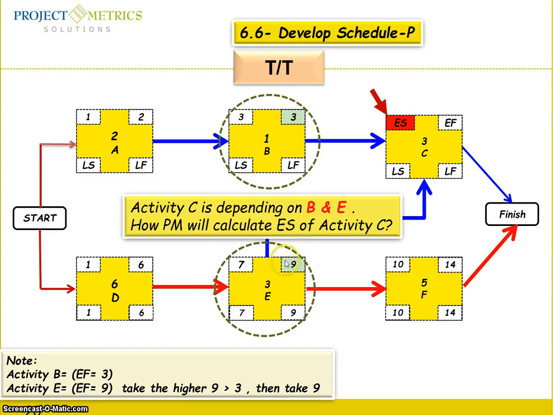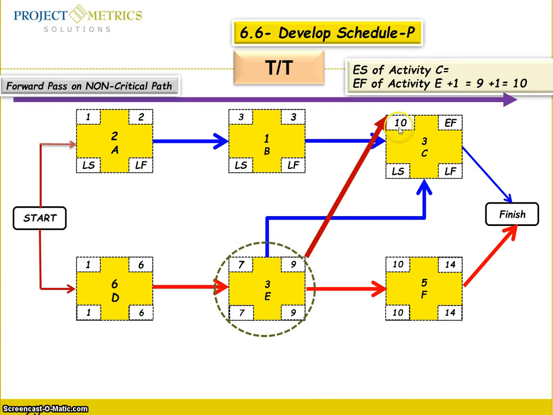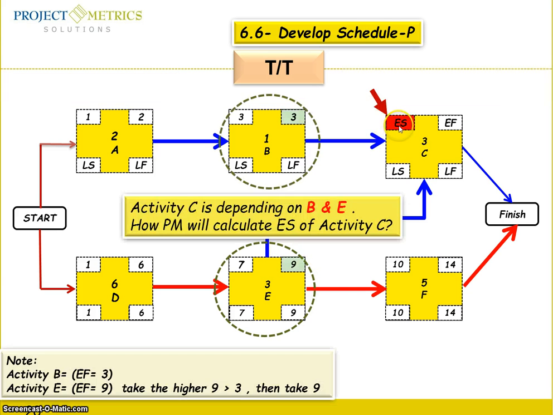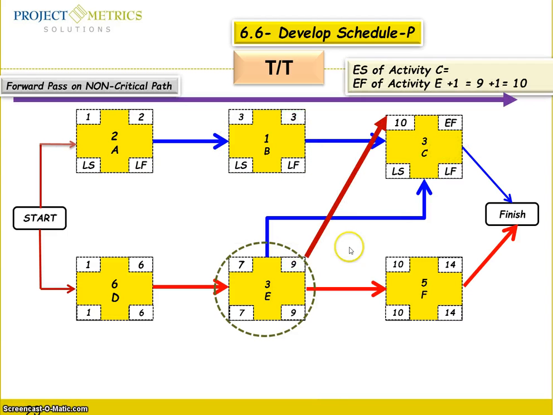So we have the early finish for activity E is 9, and the early finish of activity B is 3. Then we are going to take 9 plus 1, which equals 10. So for the early start of activity C, you have to take 9 because it is bigger than 3, and you come up with the 10.